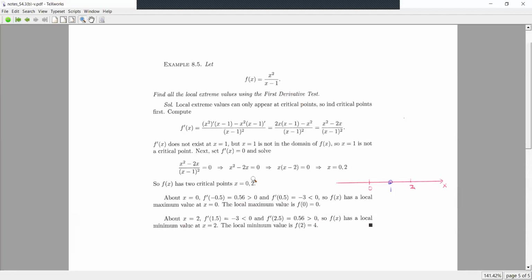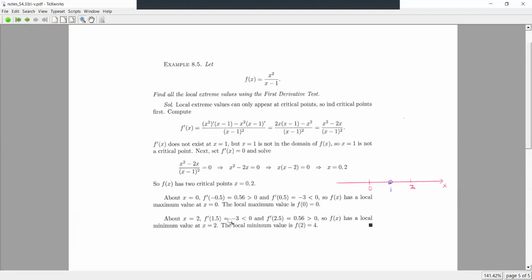Now, consider the second critical point. I want to know whether or not the derivative changes sign at 2. On the left, I pick 1.5. This point is quite arbitrary to pick.